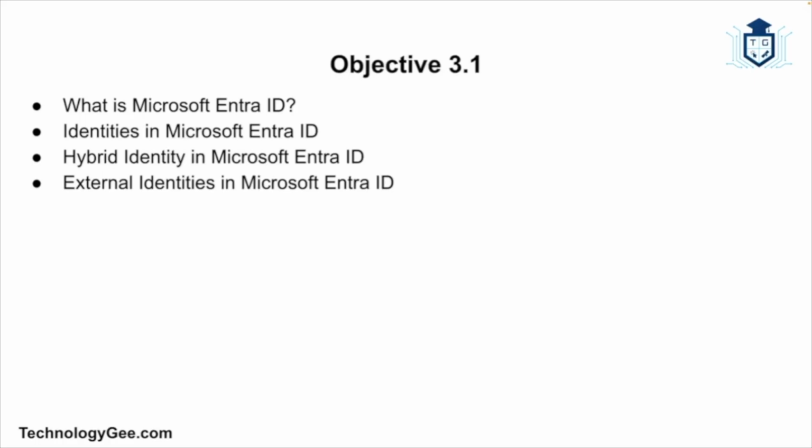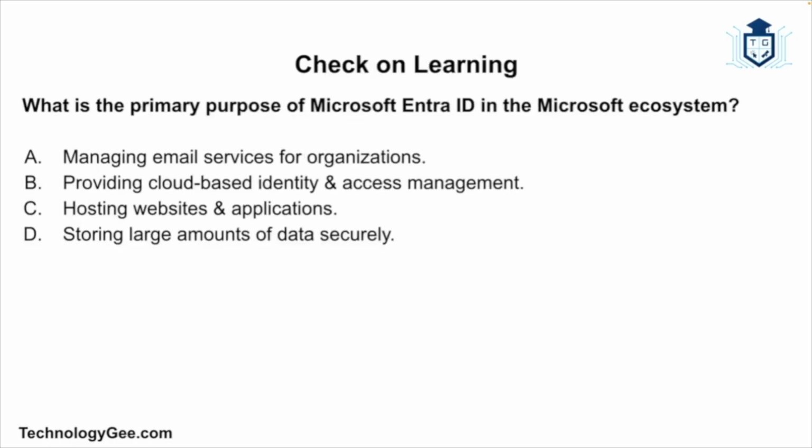Now, for those preparing for the Microsoft 365 Certified Fundamentals exam, grasping the nuances of Microsoft Entra ID capabilities, including hybrid and external identities, is critical. And this knowledge not only aids in certification success, but also equips IT professionals with practical expertise to manage modern identity challenges effectively. Now, with all of that being said, let's do some check on learning.